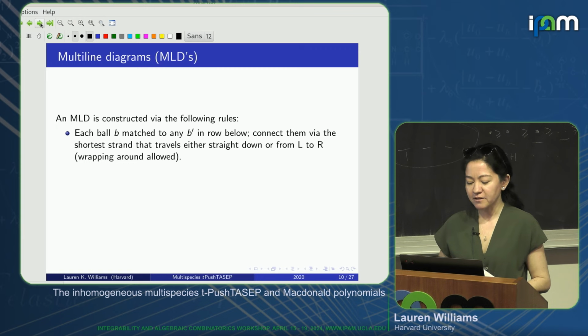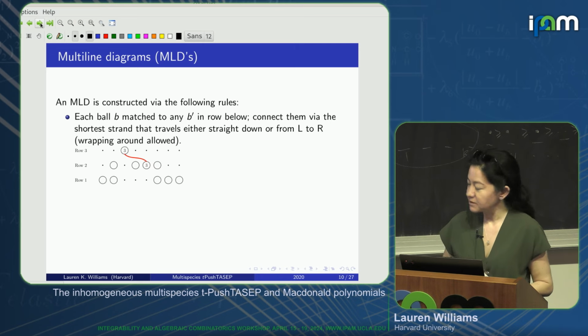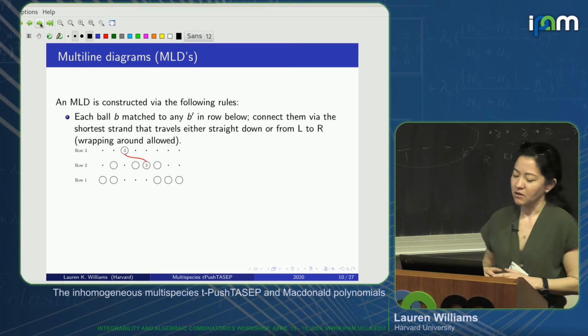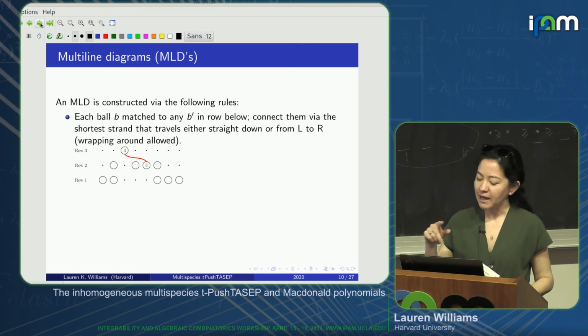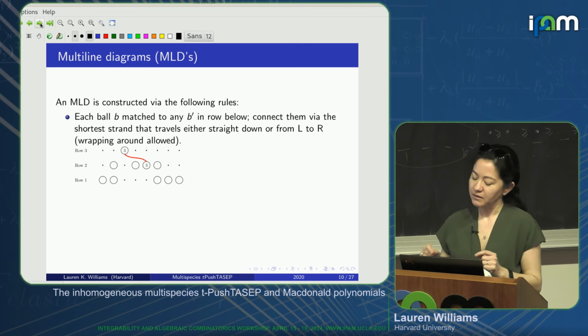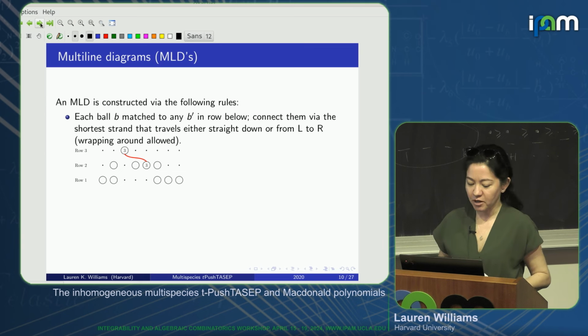So we can connect them via the shortest strand that travels either straight down or from left to right, allowing wrapping around. Okay. So I'm allowing matchings to skip over balls below. I'm not forcing them to take the closest ball when they look from left to right.